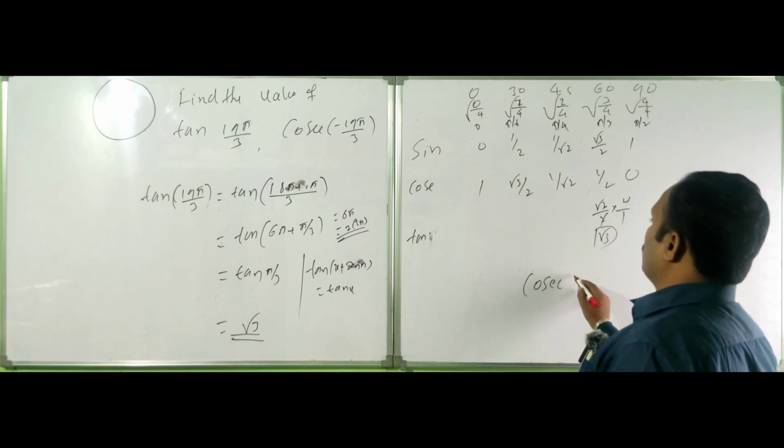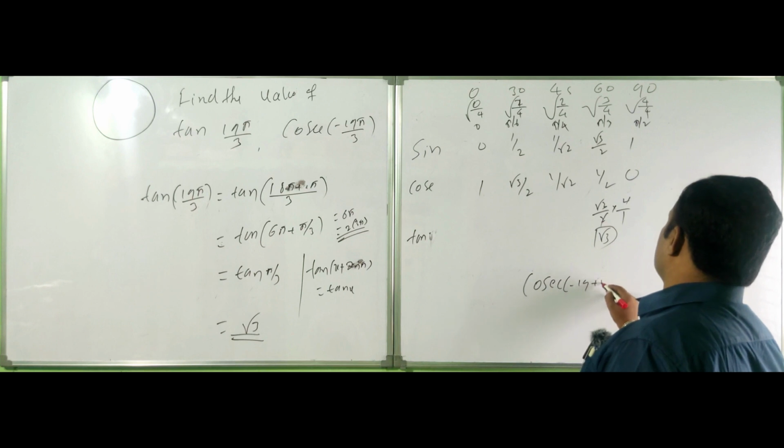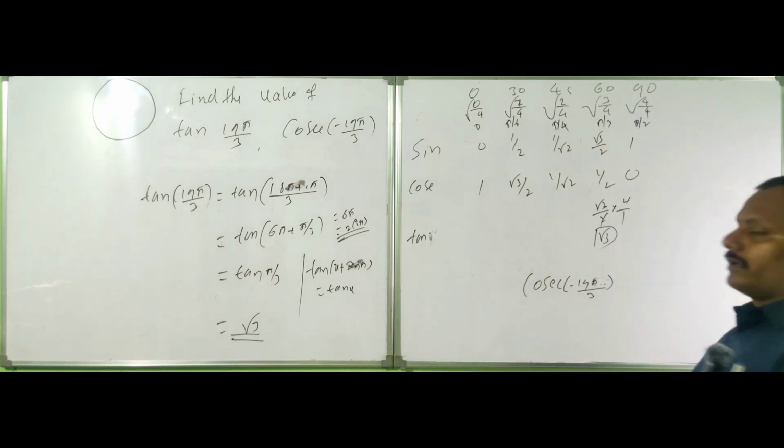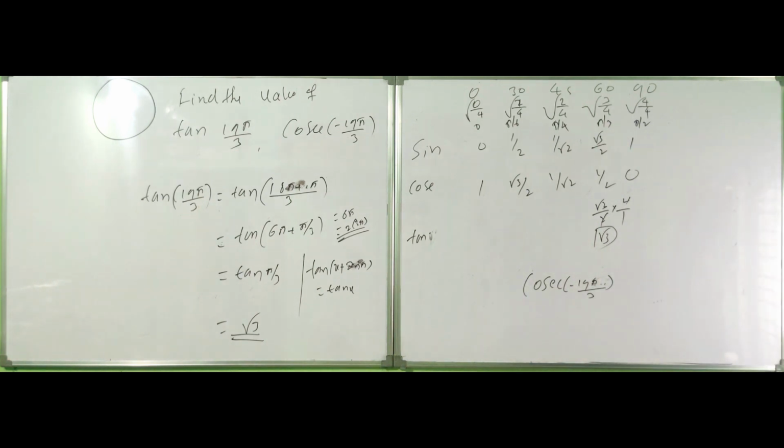Similarly, for cosecant of minus 19 pi by 3, this is 19 pi by 3. Again I take the positive value, then I will take the next even value in 19. Sine of x plus n pi, so you can take any values.